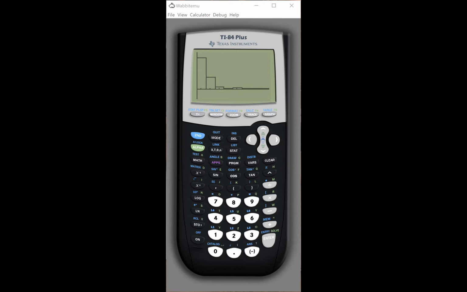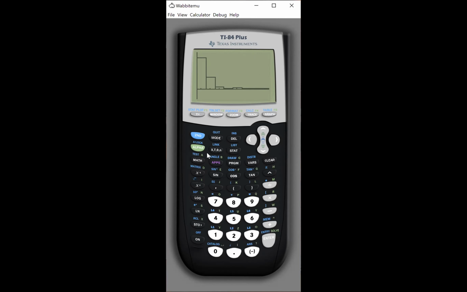I'm guessing skewed right. The one you're seeing right now on my screen, you should hit zoom and zoom 9 or zoom stats. If you look at my graph right here, it looks like it's skewed to the right.